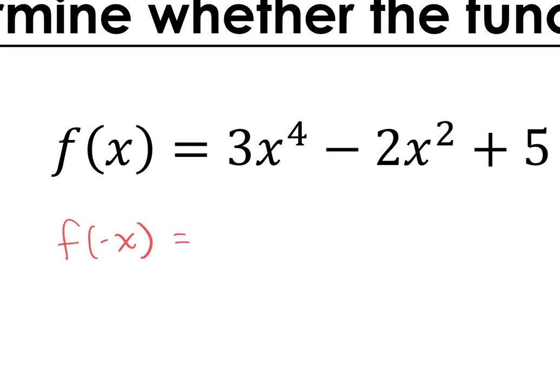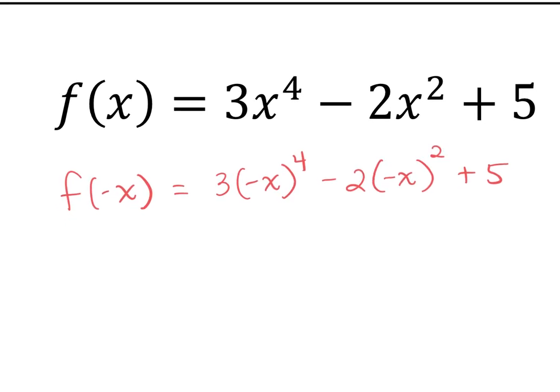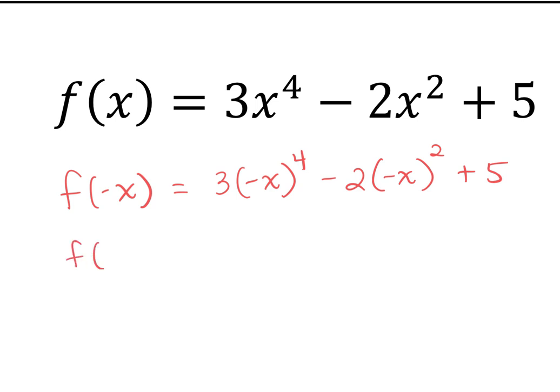So when we plug in negative x, this becomes 3 times negative x to the 4th minus 2 times negative x squared plus 5. What's going to happen if I raise a negative value to the 4th power? If I do a negative times a negative times a negative times a negative, I'm going to get a positive. So this is going to become 3x to the 4th because it's going to become positive. So it's the same thing as the positive x to the 4th.